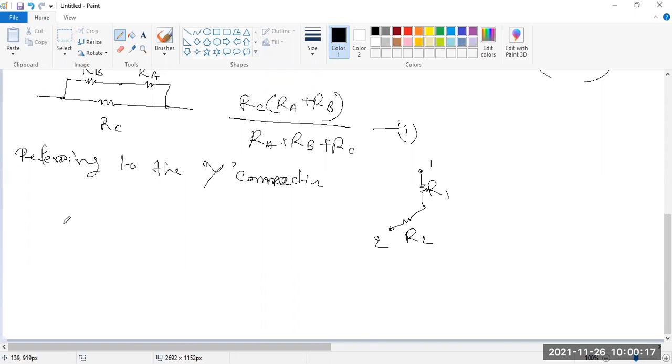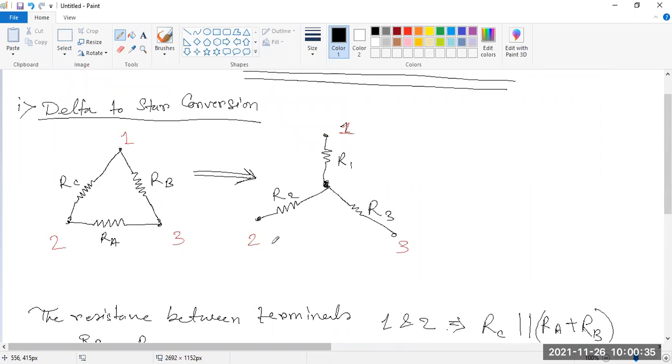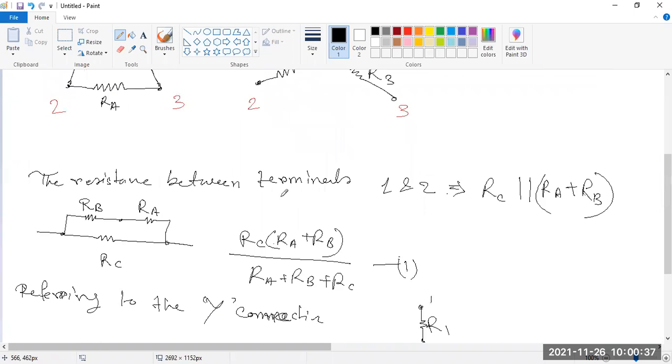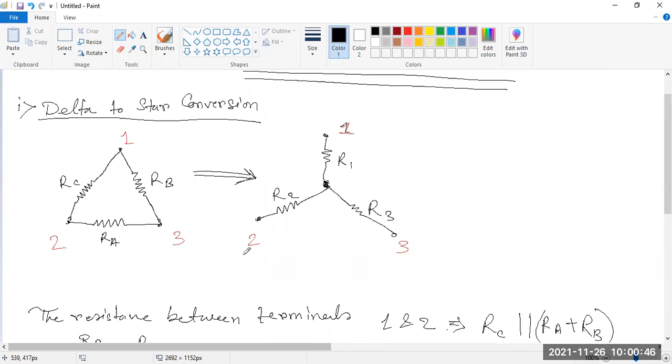So the resistance between 1 and 2 is R1 plus R2. Only when these nodes are equal can we say this is the equivalent resistance over here, and this is the equivalent resistance over here.